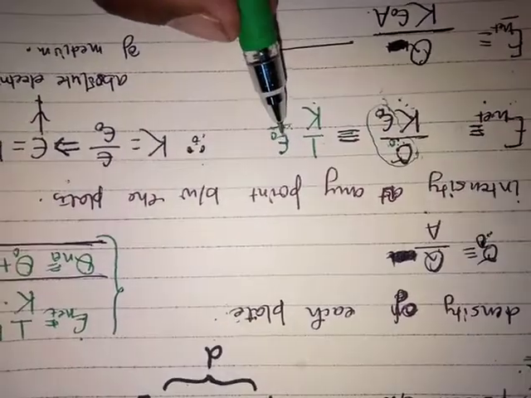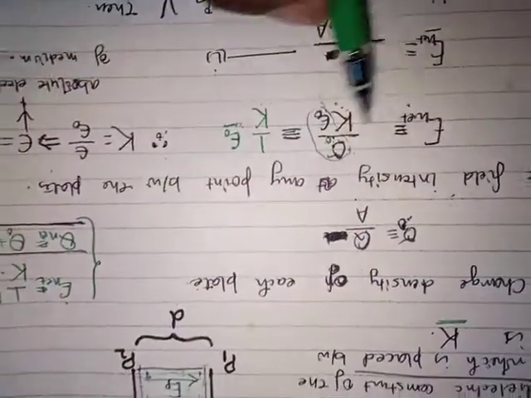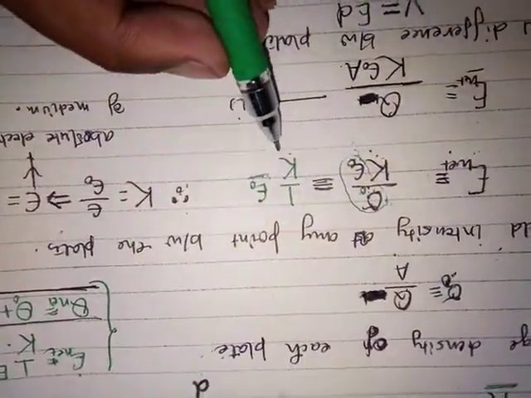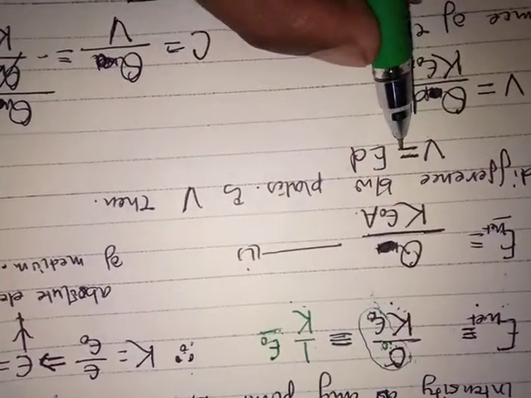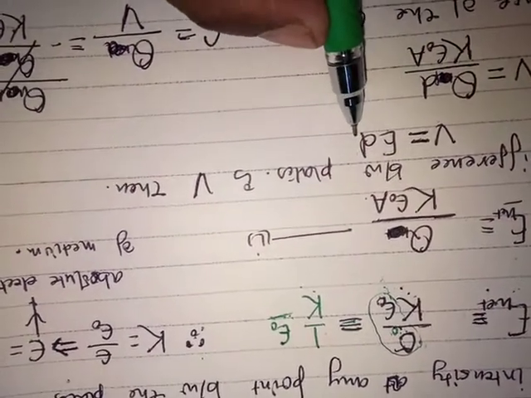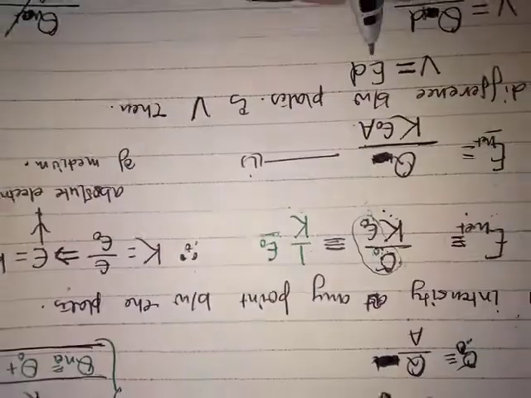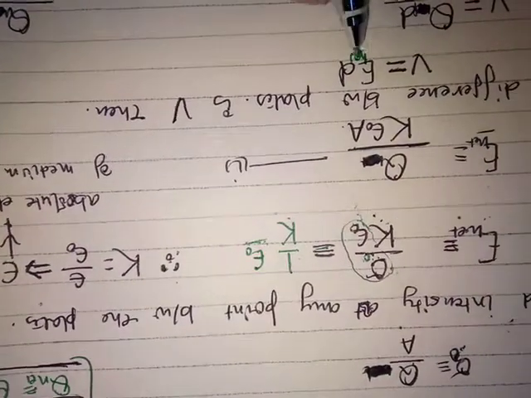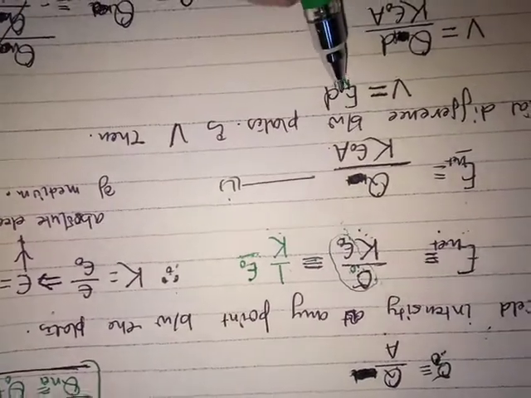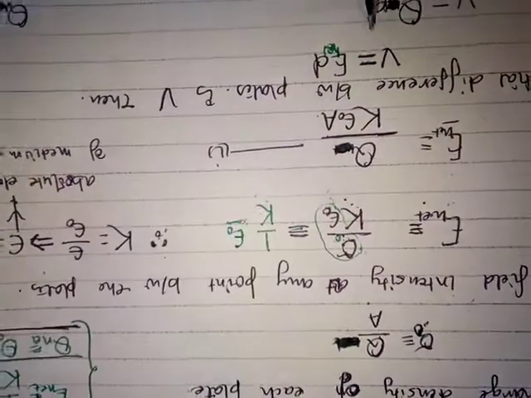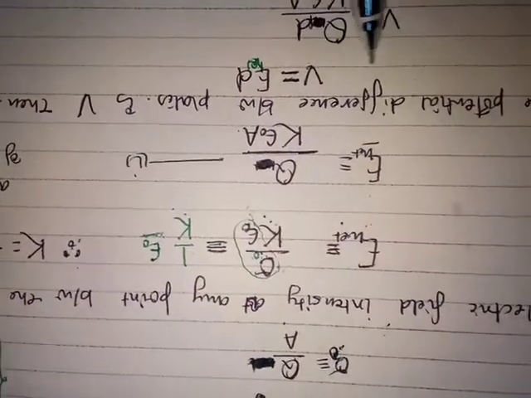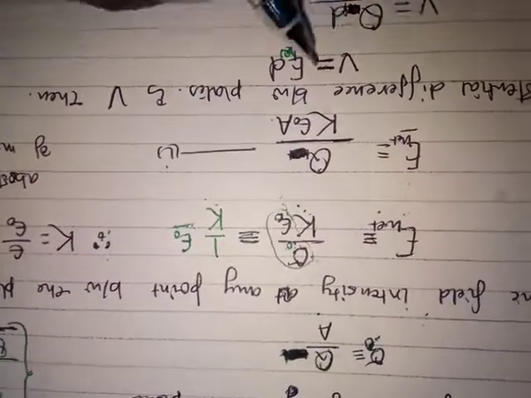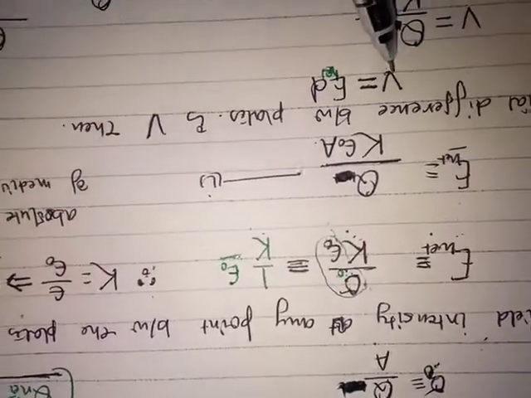And if the electric field between these two plates goes down by the factor of kappa, hence V is equal to Ed, and we know that this is E net. So E is falling down by the factor of kappa. Hence we can say V, the potential difference between these two plates, also falls down by the factor of kappa.